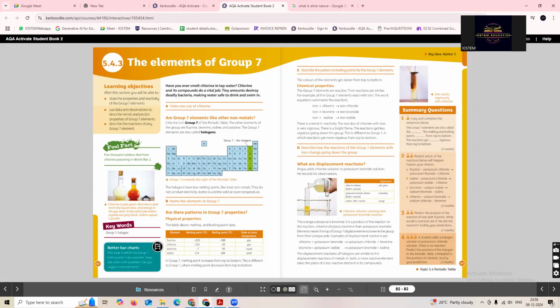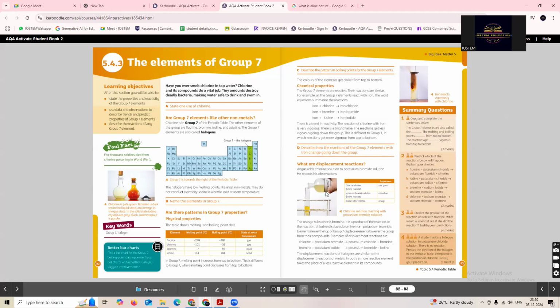In electronics, we generally use silicon and germanium, right? Semiconductors. But chlorine, bromine, iodine, and astatine are not semiconductors, right? So we cannot say that they are used in electronics.